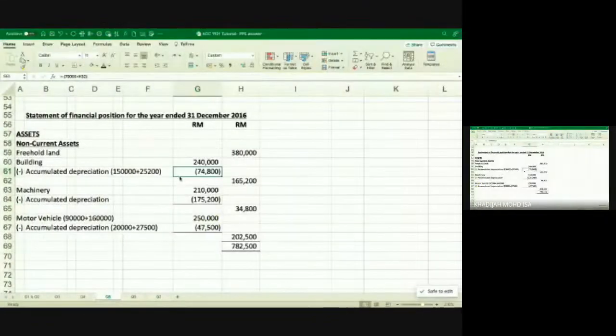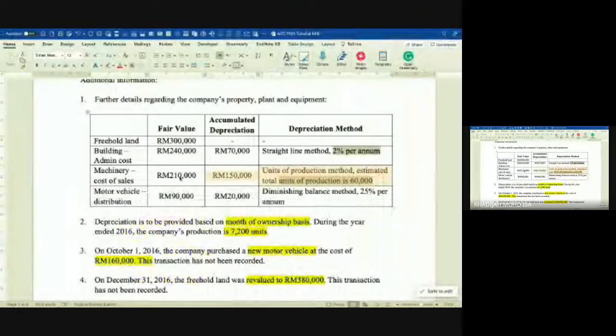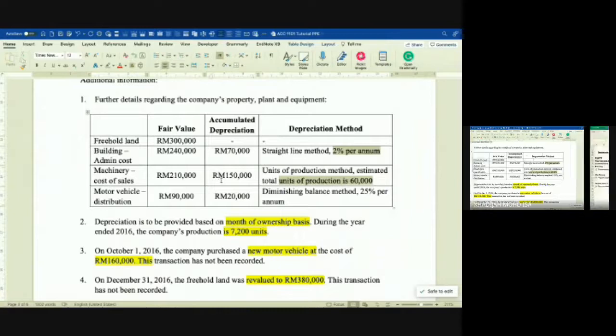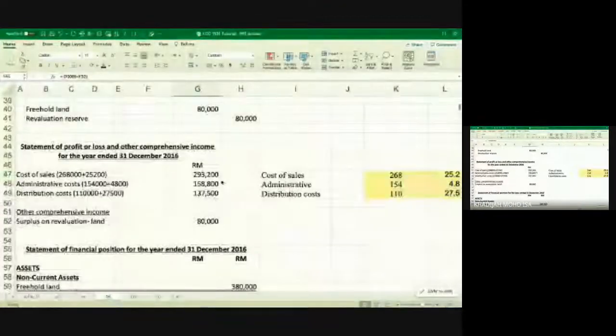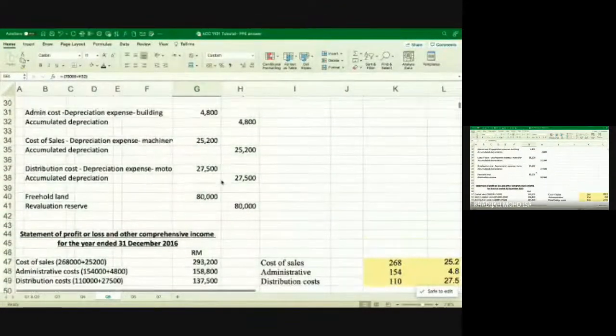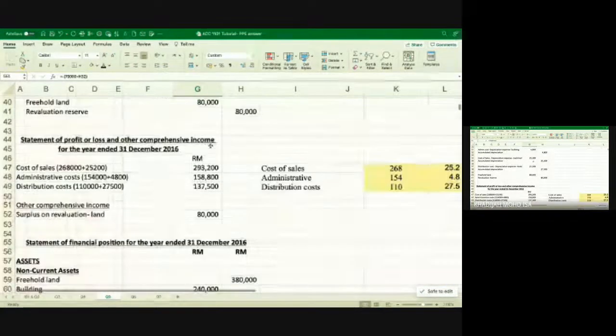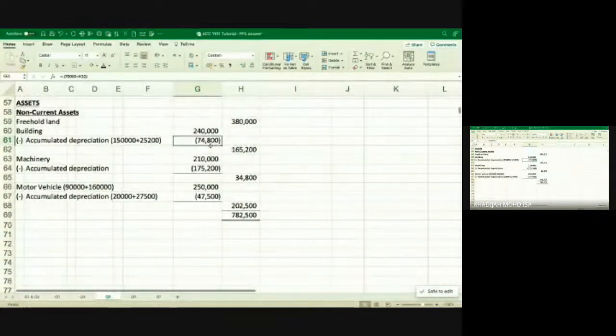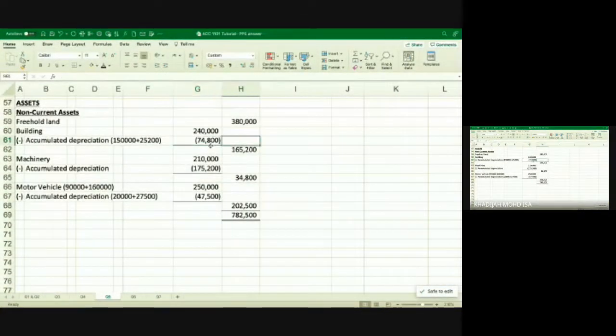Machine 210, and then you have 150,000 plus how much is the depreciation for your machine? 25.2. So that's why if I were you, I would just do it like this. Initially it was 380,000 and then I add another 80,000.